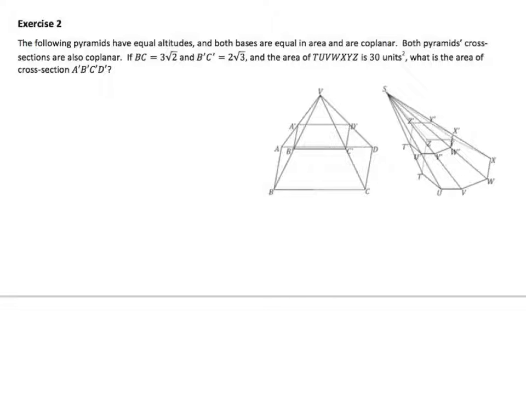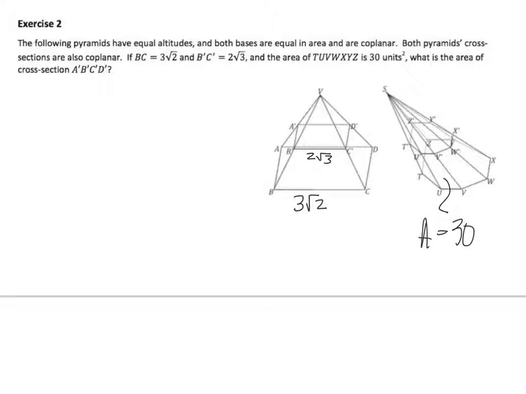Now we see that BC is 3 square roots of 2, and B prime C prime is 2 square roots of 3. Find the area, and the area of TUVWXYZ is 30 units squared.